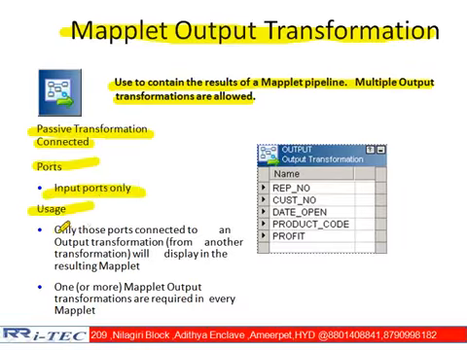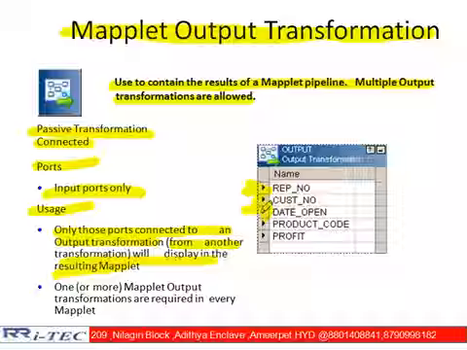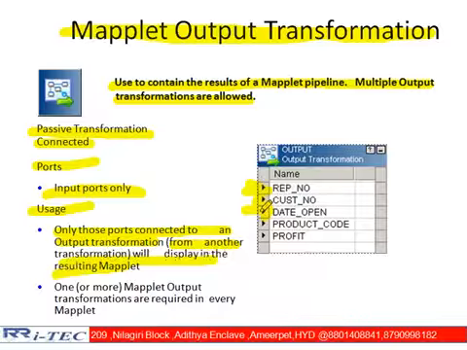Use case: only those ports connected to an output transformation from another transformation will be displayed in the resulting maplet. So in this case we have only inputs available. In the previous case only outputs were available. And this terminology looks somewhat different, right? Maplet input has outputs, maplet output has inputs. Remember that. One or more maplet output transformations are required in every maplet.